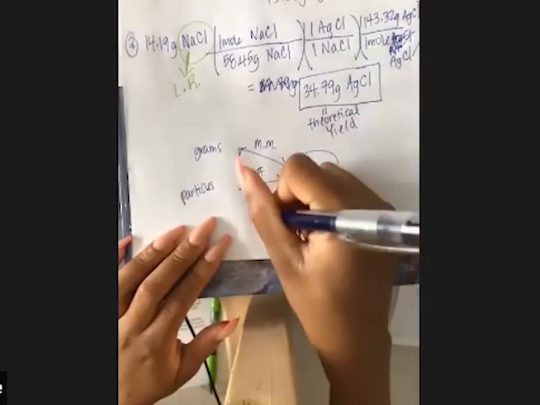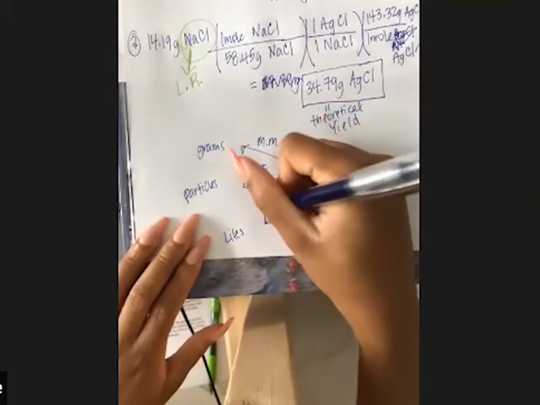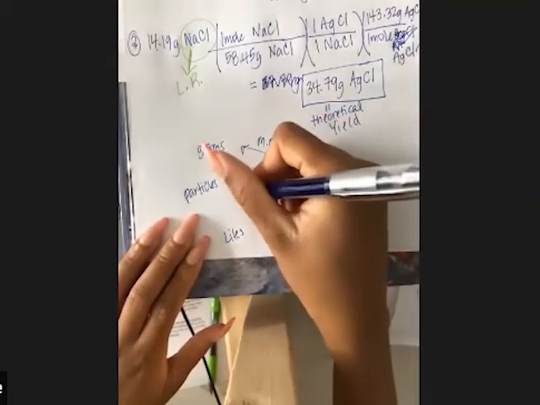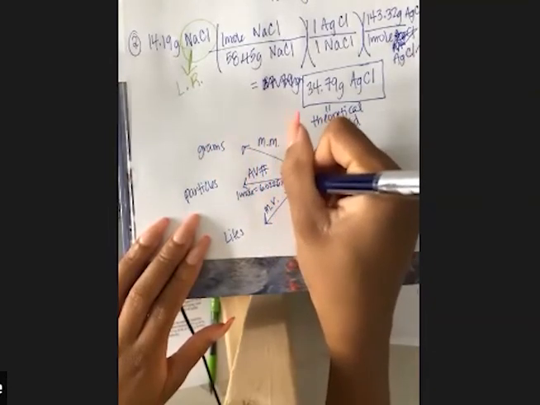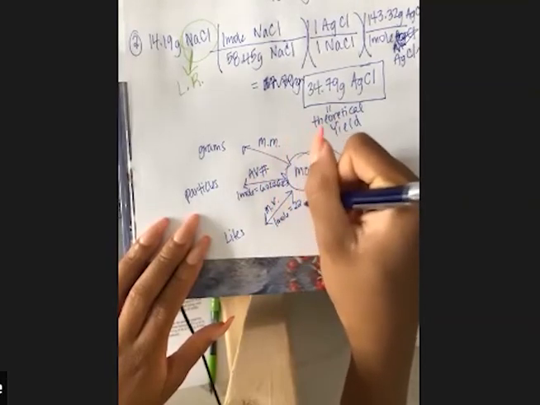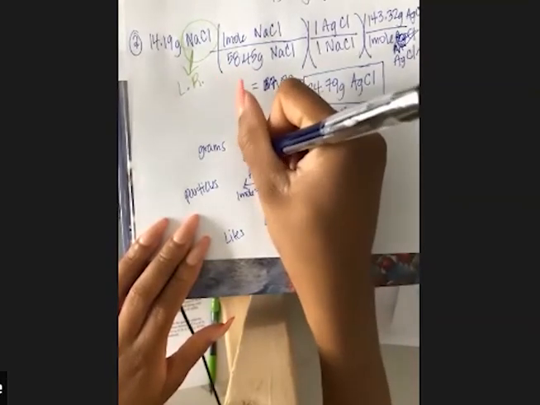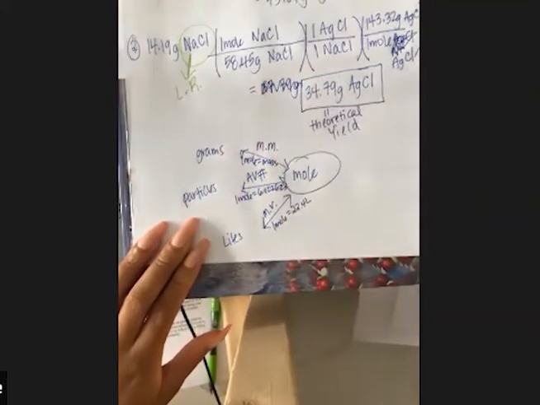And if you want to go from liters to moles, you have to use the molar volume. Avogadro's number says 1 mole equals 6.022 E23. This one says 1 mole equals 22.4 liters. This one says 1 mole equals the mass from the periodic table. You guys remember this?